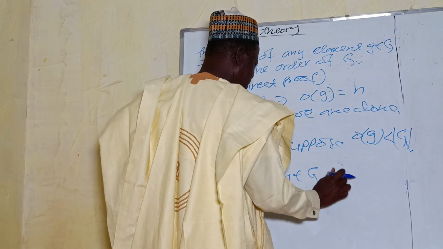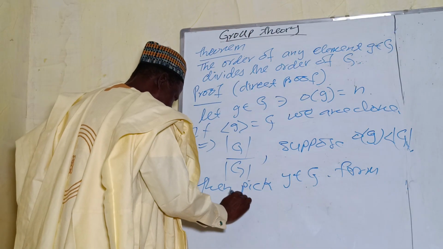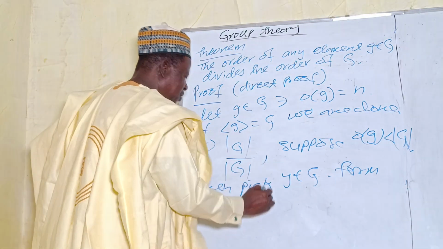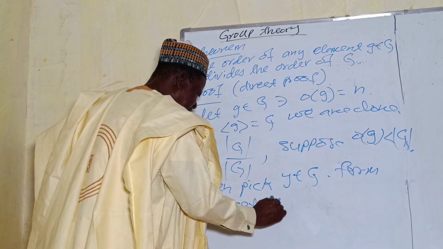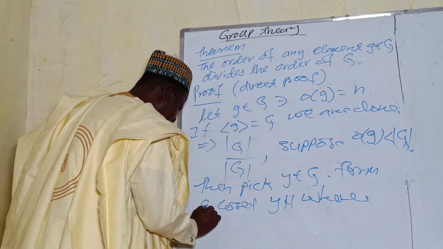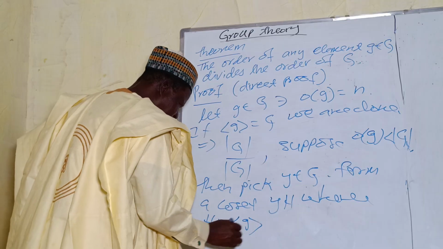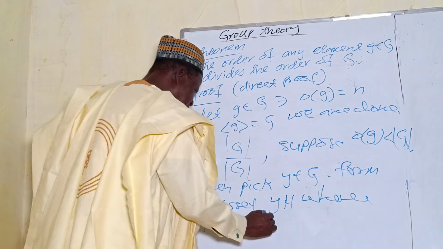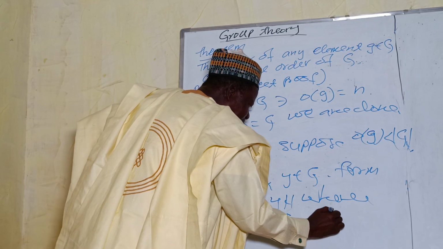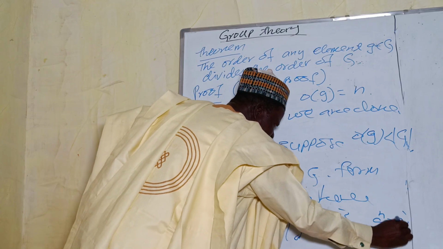Then form a coset, yH, where H itself is the same as that group that generates this g: g1, g2, up to gn.